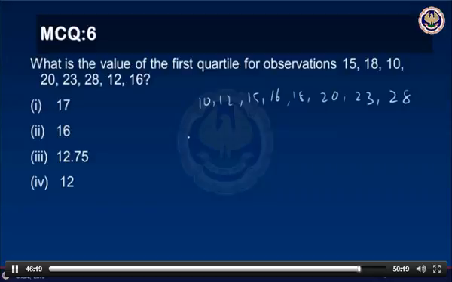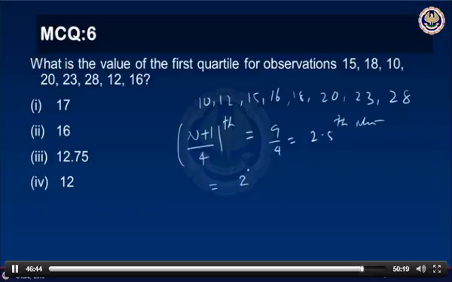For this, first we have to find the first quartile, that is the n plus 1 by 4th item, that is 9 by 4, 2.5th item, that is the second item plus 0.5 of the difference between the third item and the second item.